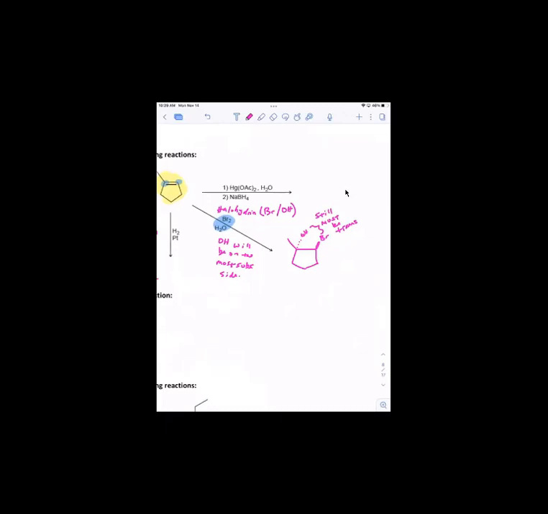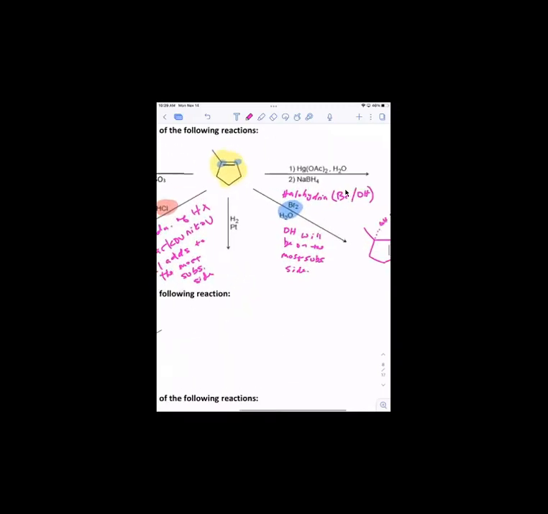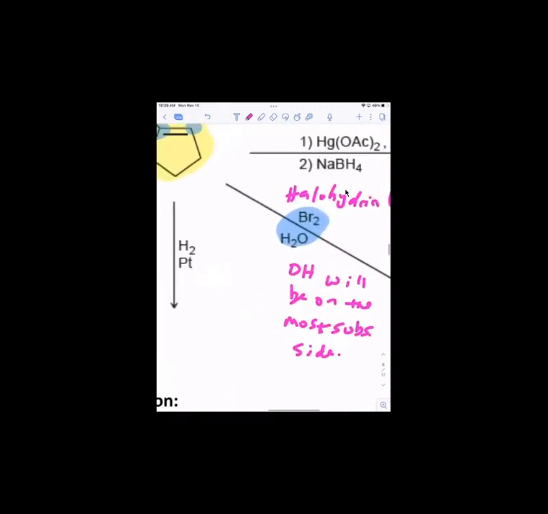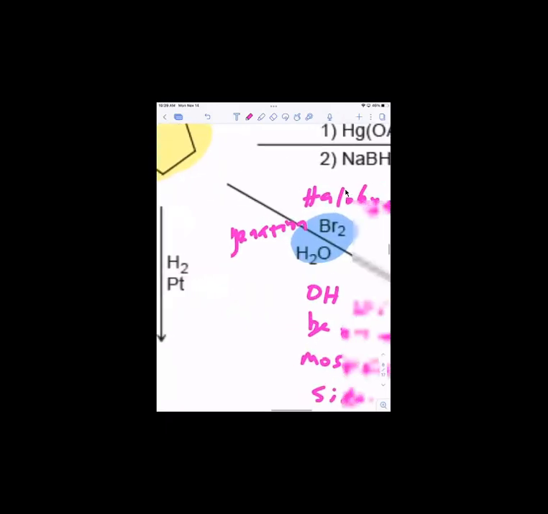All right. Let's do this one. This is the easiest out of all the reactions we'll learn. This is hydrogenation. It's hydrogenation, the easiest of all the reactions that we're going to study.